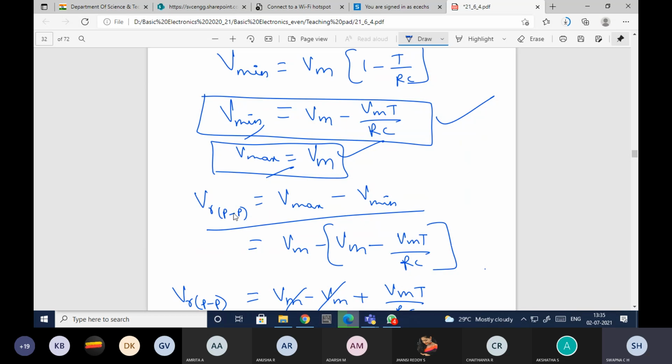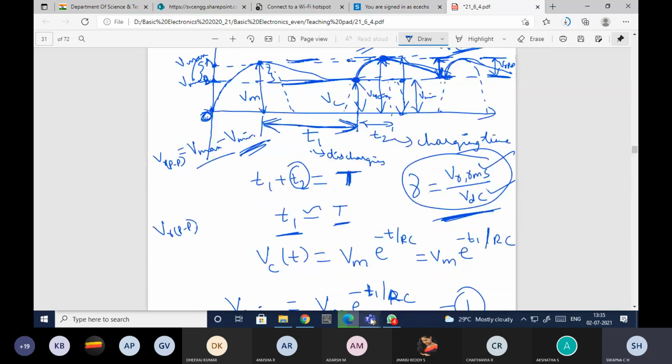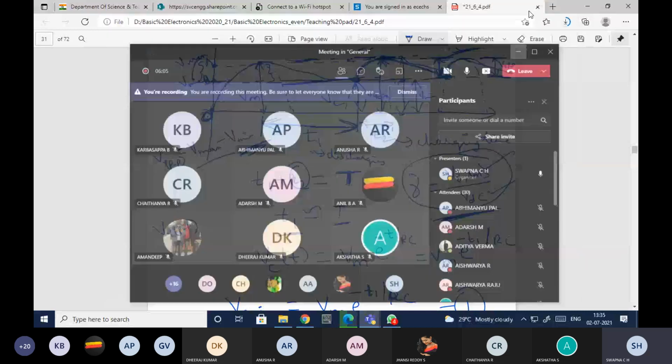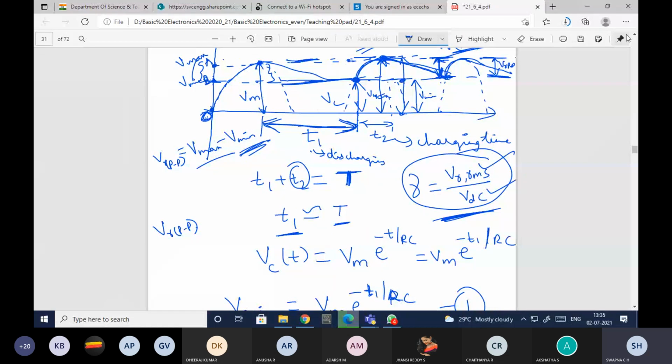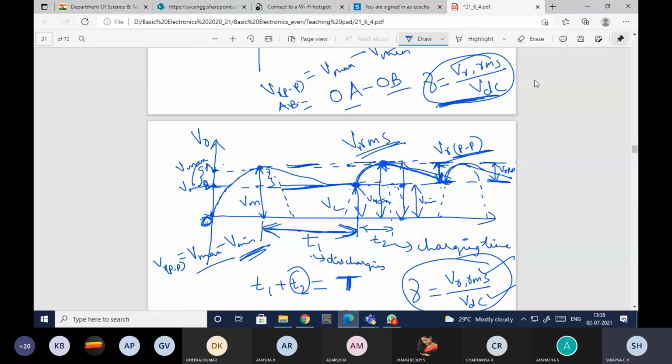Now you may ask me one more question, ma'am, why is VR peak to peak required? I'll just explain. I'll go back to the circuit. See here, I need to find the VDC value because gamma, the ripple factor, is nothing but VR RMS divided by VDC. VDC is nothing but the average value.